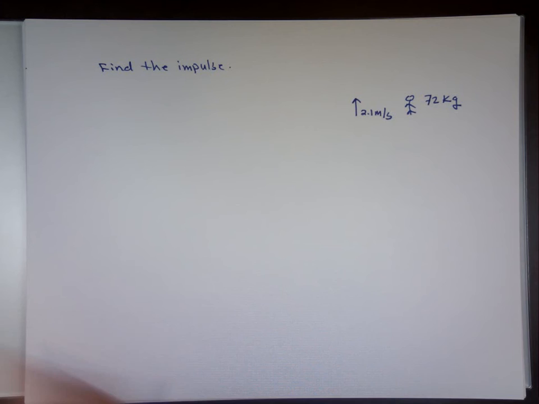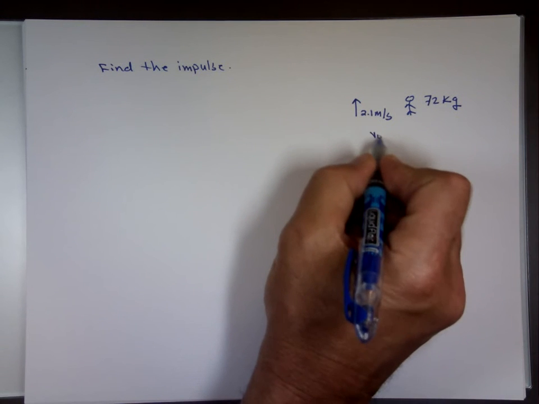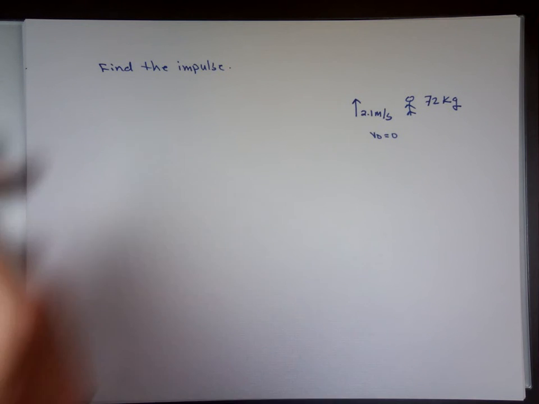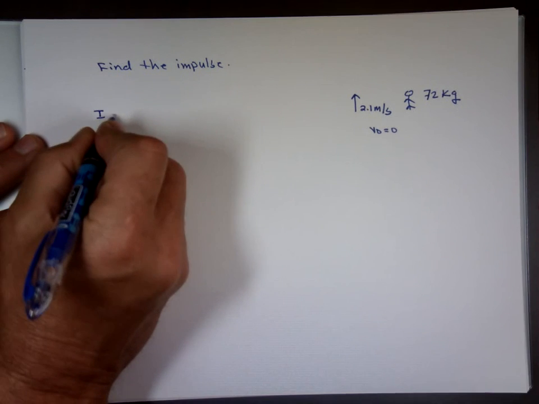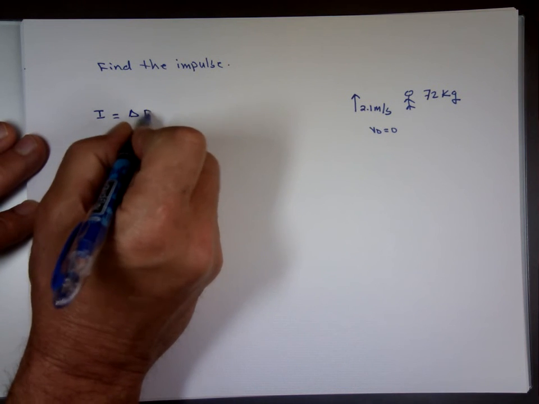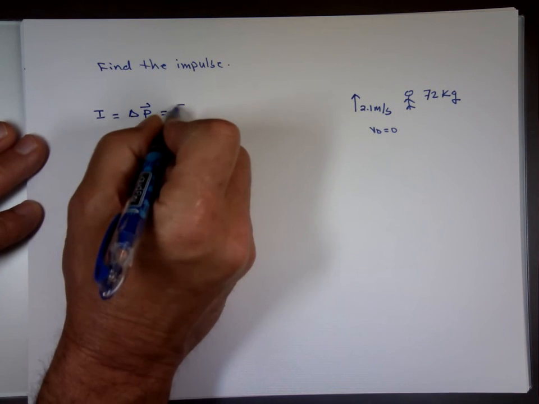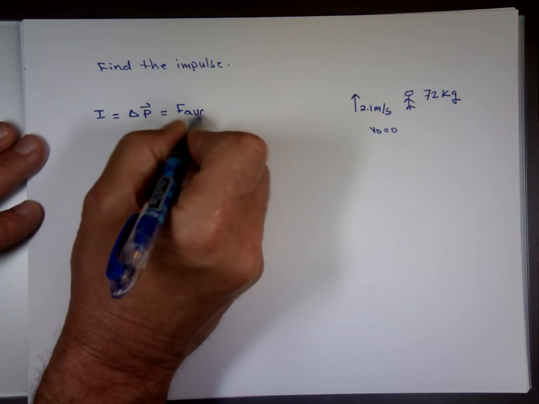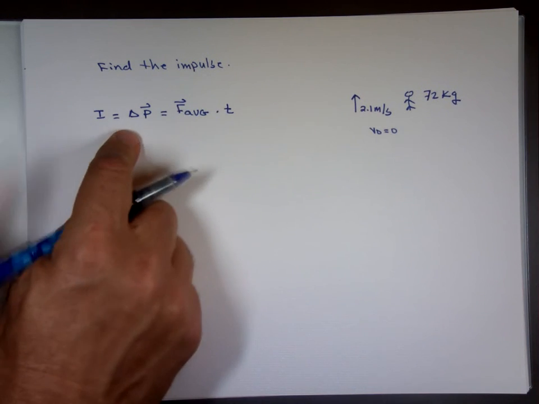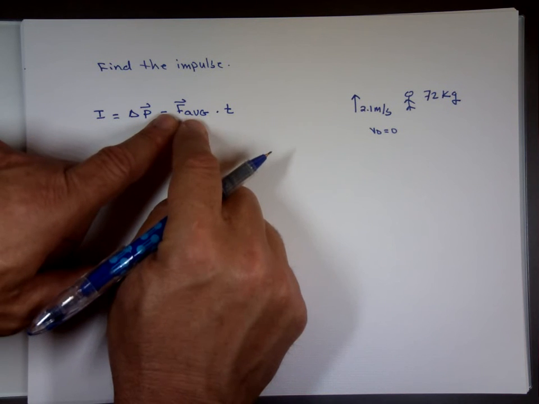Then you jump upward at a speed of 2.1 meters per second. The impulse is the change in momentum, or F average times t, because this is equal to this. If I know the average force and the time, I can use that. If I didn't know that, I'll use the change in momentum.